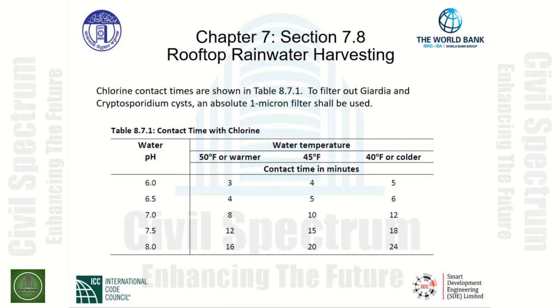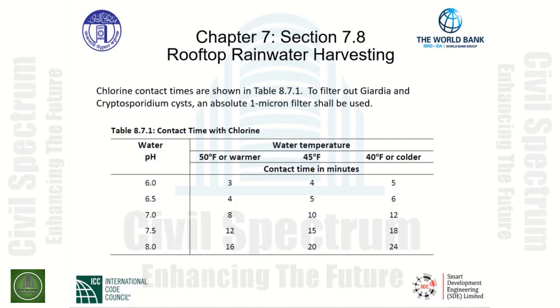When the water temperature is 50 degrees Fahrenheit or warmer, we are given a contact time in minutes in the second column. In the third column, where the water temperature is 45 degrees, we are given the contact time accordingly. And finally, when the water temperature is 40 degrees Fahrenheit or colder, the contact times are in the very last column.